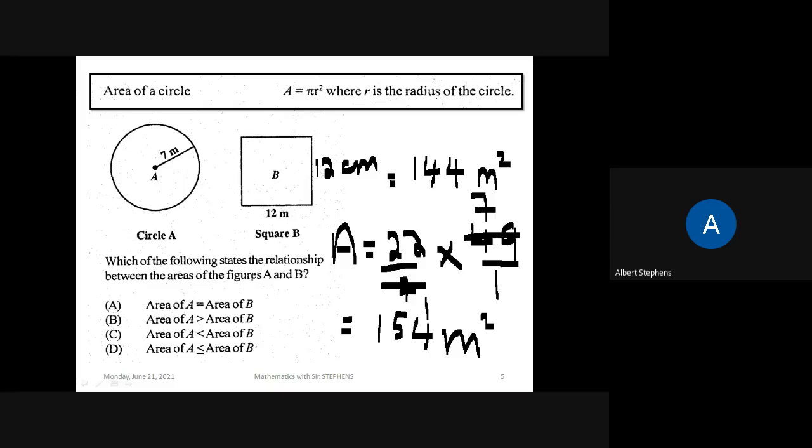And the square is 144. So which of these statements are true? It would have been B. B says the area of circle A is greater than the area of B, which is true because the area of the circle is 154 and the area of the square is 144. So you're absolutely correct.